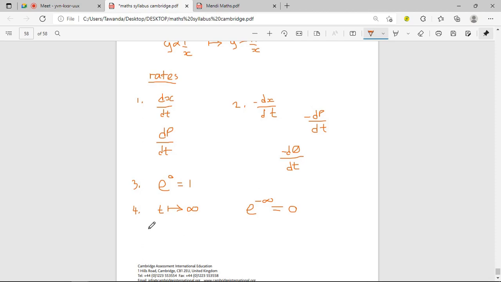Suppose we have this expression, where we are given y is equal to 2 e to the power of x over e to the power of x plus 5.